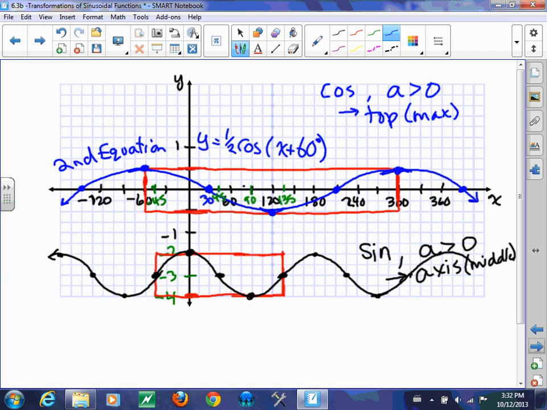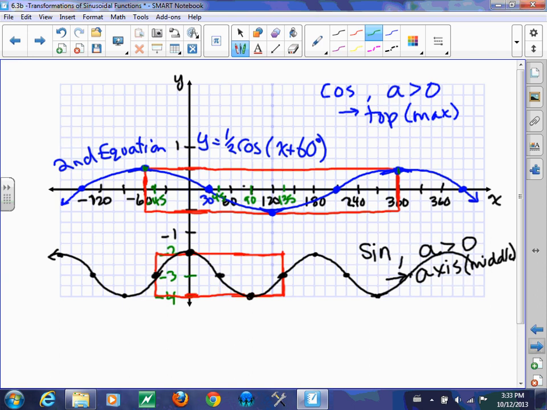Notice the plus 60 means I've got to start my box 60 degrees to the left, because D equals -60. I know it's cos, so I'm going to start at my max. And because K equals 1, we're going to take 360 degrees, so I'm going to end at 300 degrees.